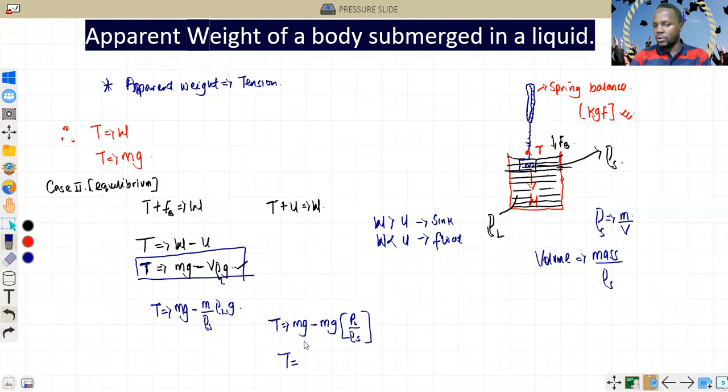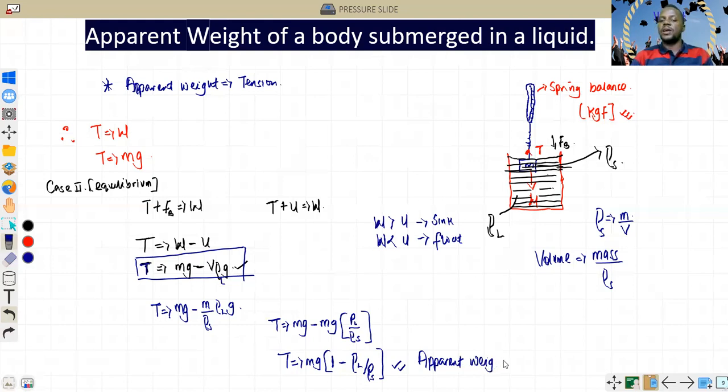Tension will now be equal to mg is common, mg, then mg times what will give you mg times 1 minus rho L over rho S. This is rho and not pressure. Rho is density. So this is the formula you need to keep in mind to calculate the apparent weight of a body submerged, which is called the tension.